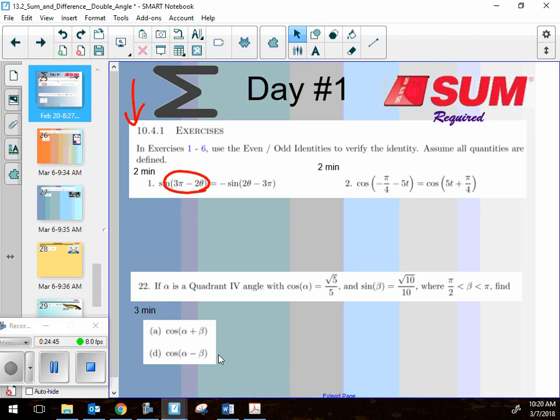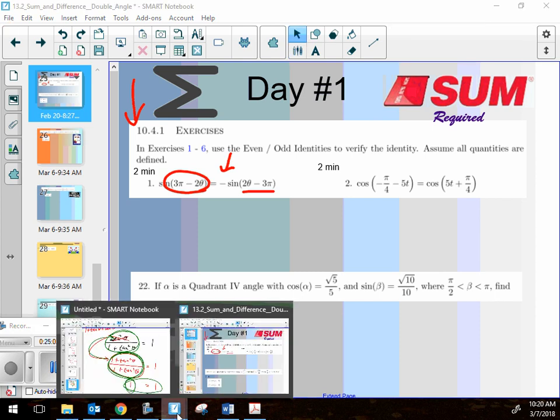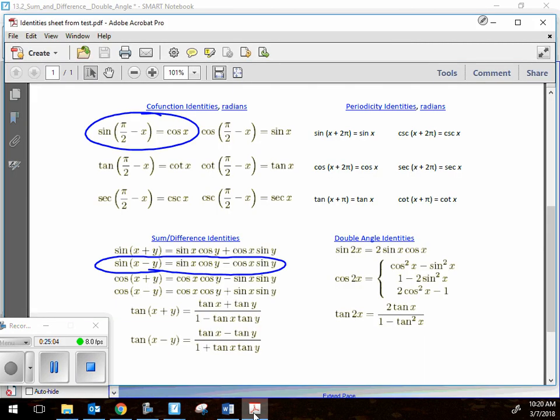Three pi minus 2 theta. And it's supposed to equal negative of that. Oh, interesting. That's got a negative on the outside with the sine. Do you get how that kind of looks like one of those identities? Which one?